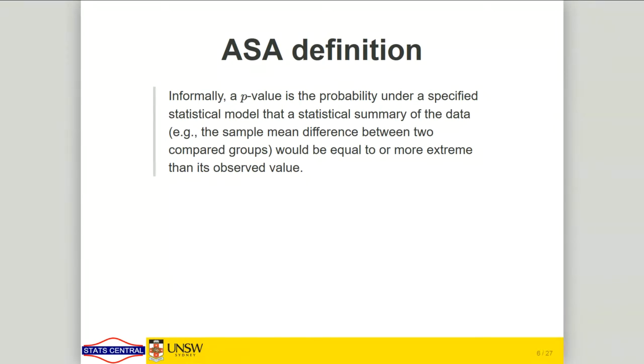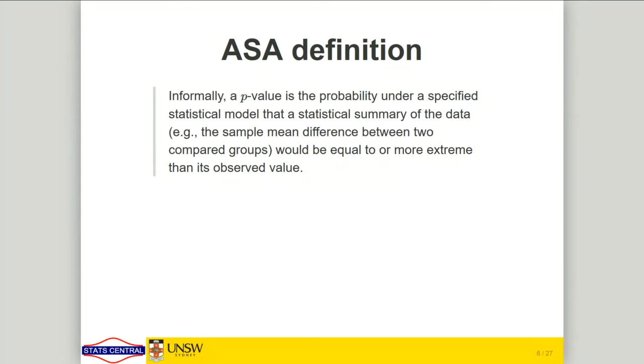They say, informally, a p-value is the probability under a specified statistical model that a statistical summary of the data, for example, the sample mean difference between two compared groups, would be equal to or more extreme than its observed value. So this is the idea that you choose a summary statistic that captures the effect that you're interested in.